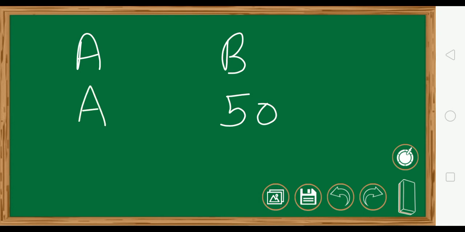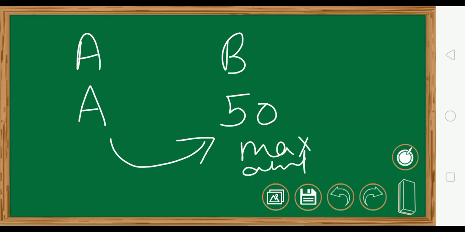If A is giving a driving force having a frequency equal to 50, then B is going to have the maximum amplitude. And if it is less than that, then the amplitude will be less.